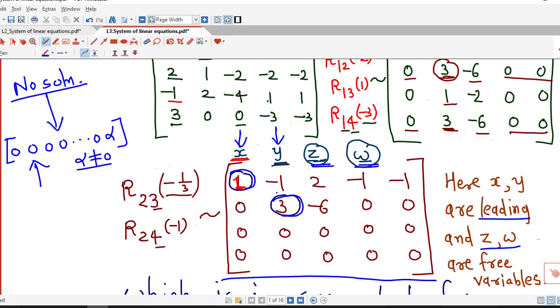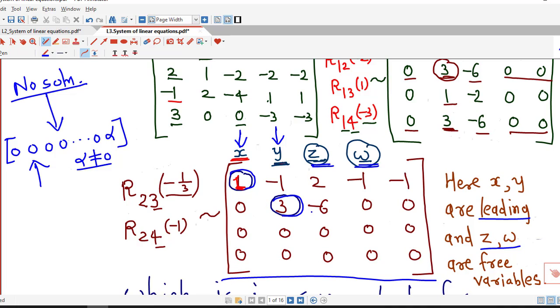And if the system has a solution, then we check for leading and free variables. If there is no free variable, the system has a unique solution, and if there is at least one free variable, then the system has an infinite number of solutions. So here we obtain two free variables, therefore the given system has an infinite number of solutions.